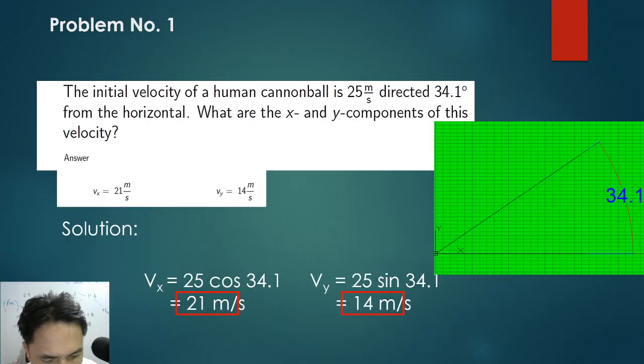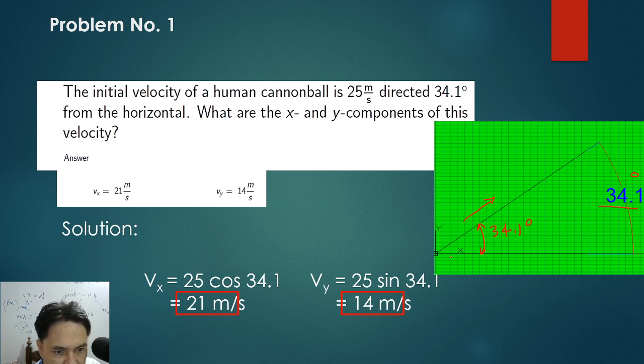So we have to continue. What we have here is a cannonball, meaning the ball was fired. There's a ball, and that ball was fired, and here is the direction, and the direction is 34.1 degrees from the horizontal.